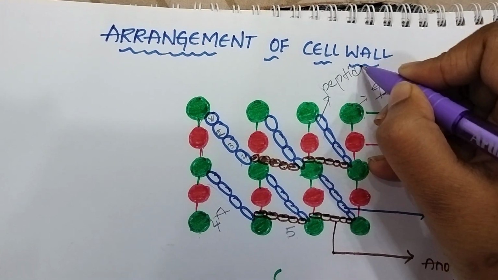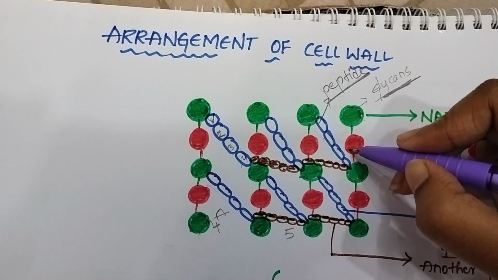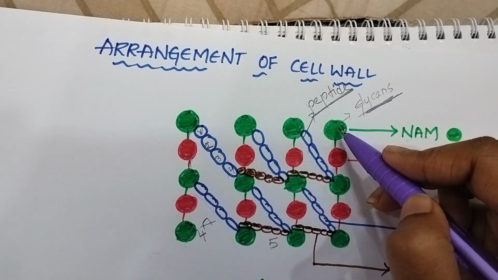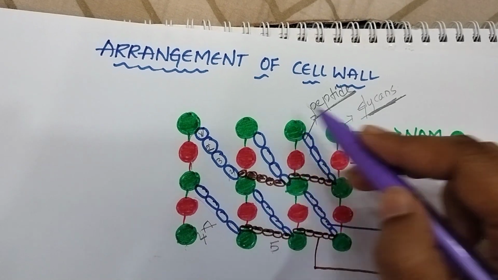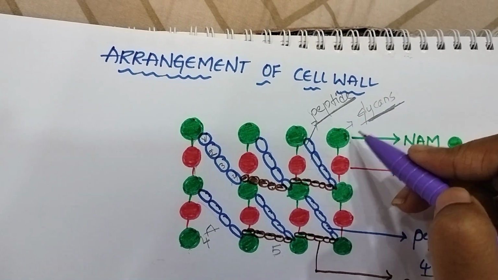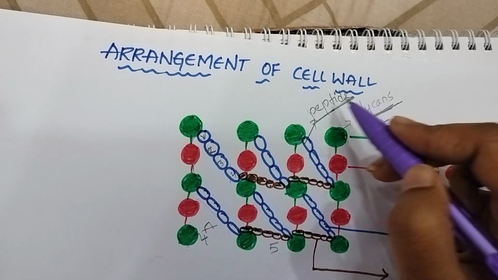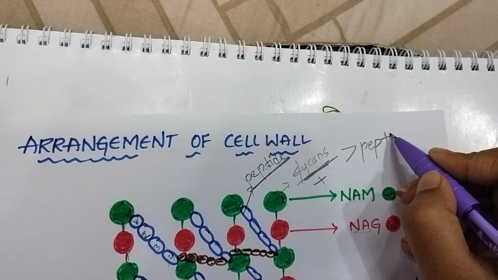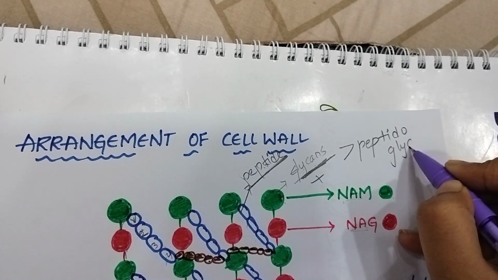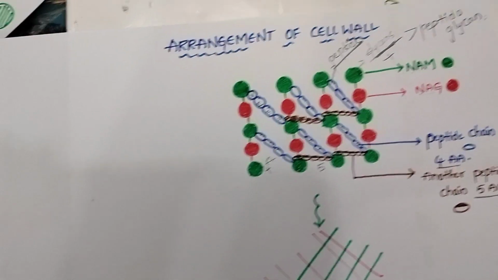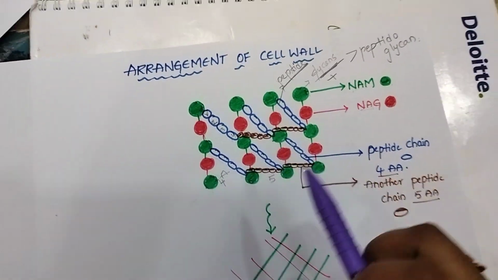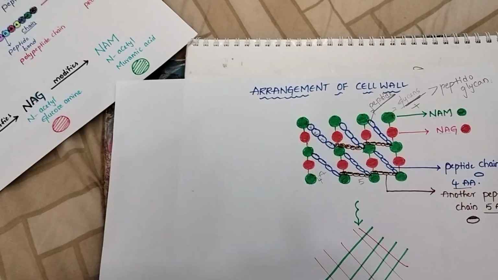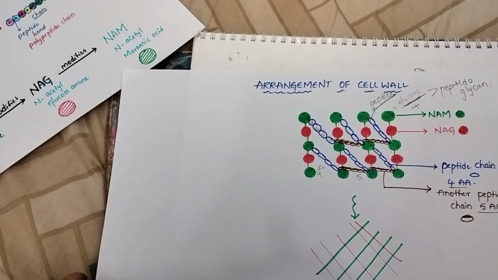The glycans, the carbohydrates, and the peptide chains are interlinked with each other. The glycan plus peptides together are called peptidoglycan. This is how the peptidoglycans are arranged, and this is how the cell wall looks. So this is all about the peptidoglycan, the cell wall.